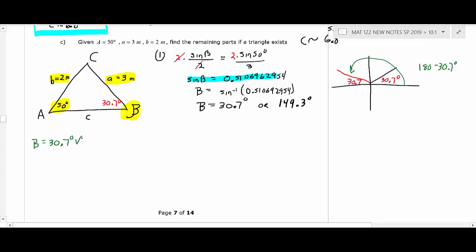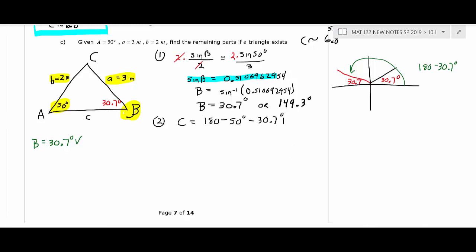Now I'm ready to find C. The second step in this problem is finding C. Well, C is 180 minus the 50 that I was given in the problem, minus the 30.7 that I just found.